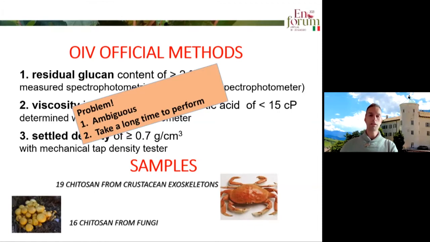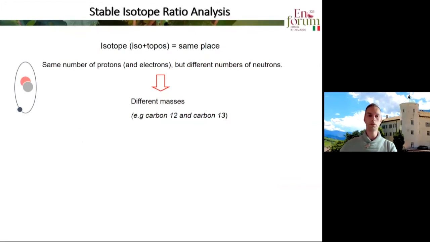We isolated samples from crustacean exoskeletons and compared and contrasted them with real samples from fungi. We use the stable isotope ratio analysis approach, which is used also in other sectors in winemaking, especially when identifying the addition of sugars and in order to ascertain whether a water addition was performed.